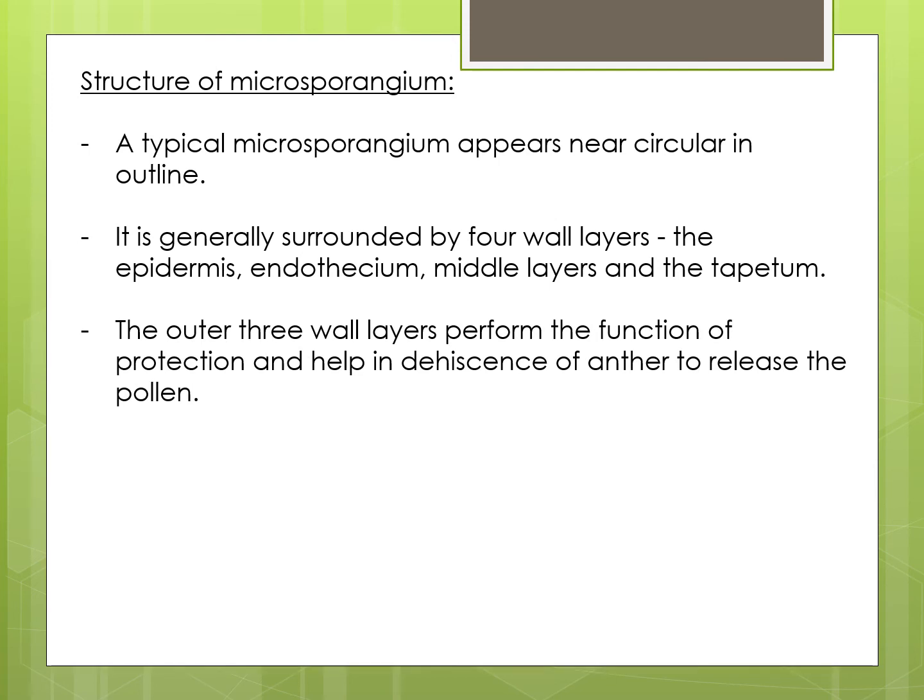The outer three wall layers perform the function of protection and help in dehiscence of the anther to release the pollen. It means the epidermis, endothecium and middle layer give protection and also help in dehiscence of the anther to release the pollen grains.